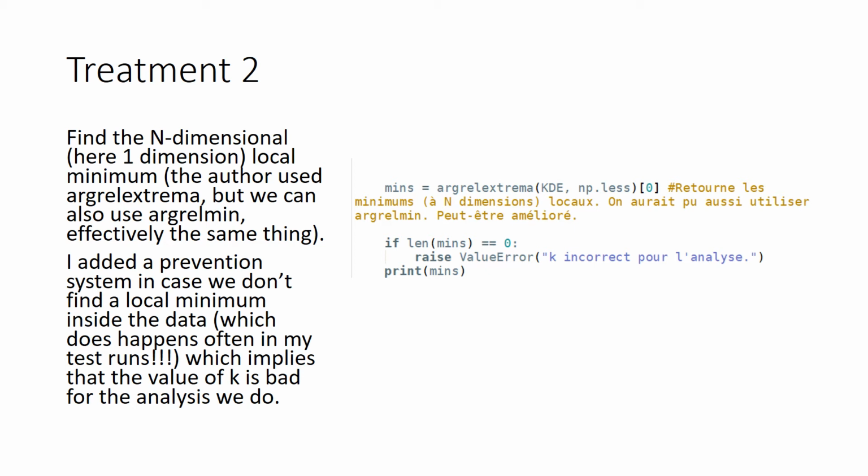Something that I was really surprised by is that in his algorithm, he didn't put a fail-safe in case there are no minimums, like there are no points that are very different from the others, which does happen. From what I've tested, there can be no local minimum, I'm talking about a minimum in the centers or things like that.